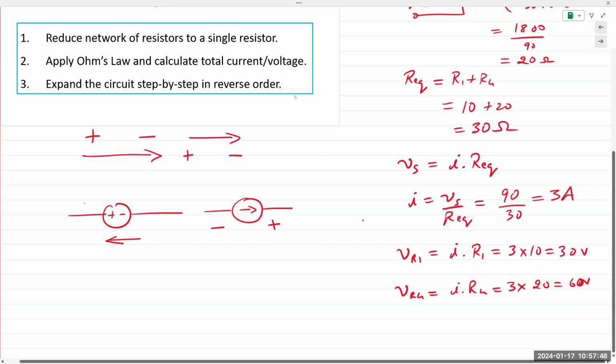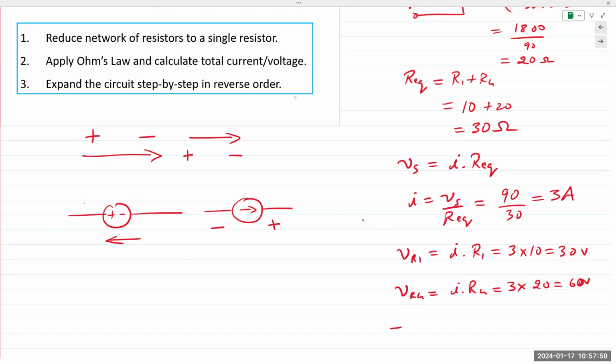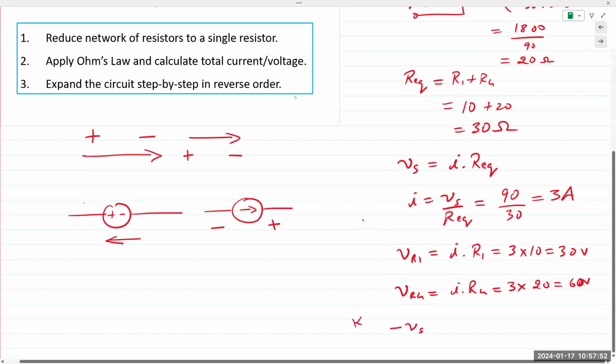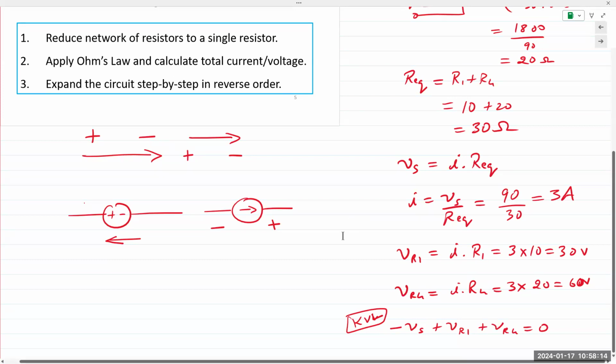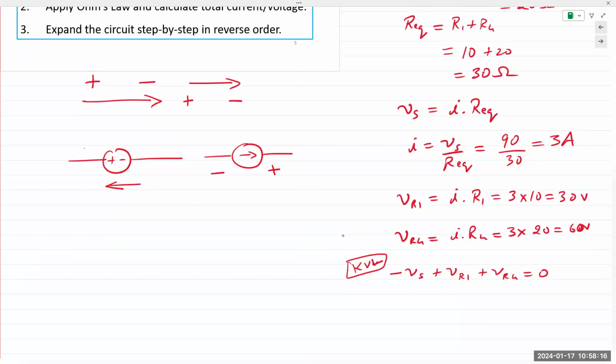From KVL, I know minus VS plus VR1 plus VR4 equals 0. Minus 90 plus, sorry, plus 30. So VR4 is 90 minus 30. You get the same answer.